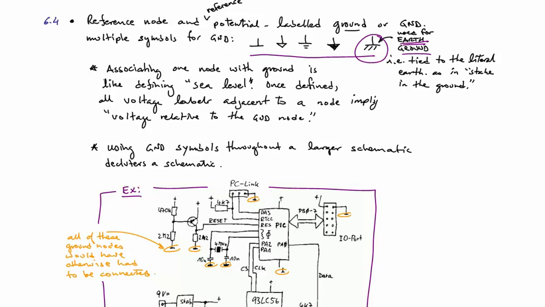Recall that by labeling a reference node, you are essentially setting a reference level for all of the other node voltages in the circuit. It's kind of like defining sea level and then talking about the topography relative to sea level. So when we say that some point is 2,500 feet elevation, we know that it's above sea level.